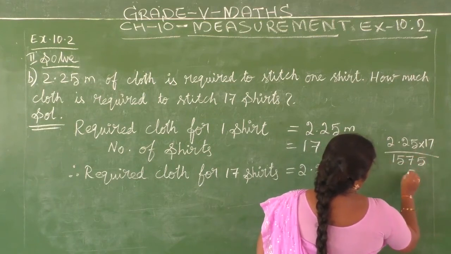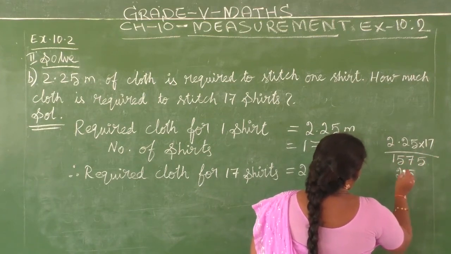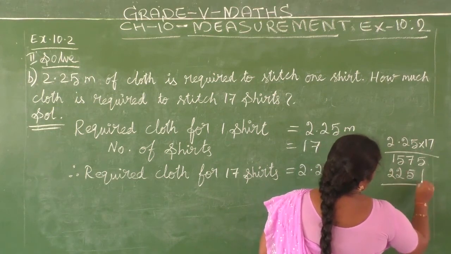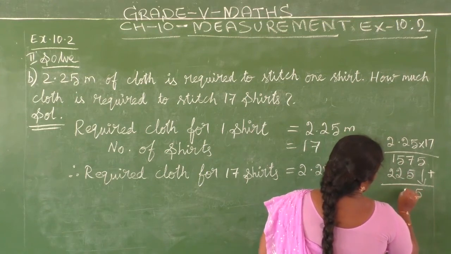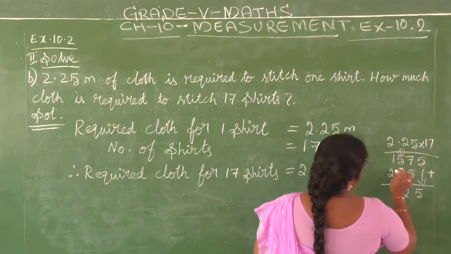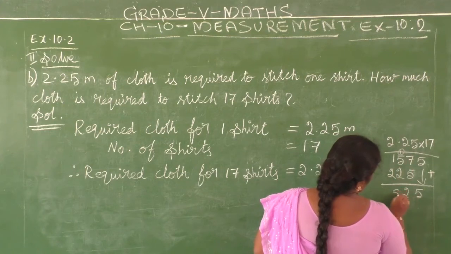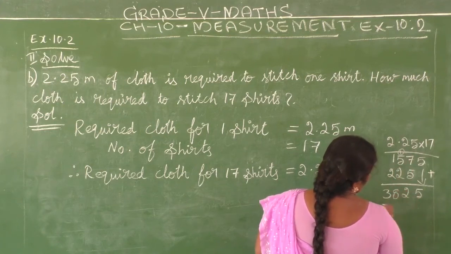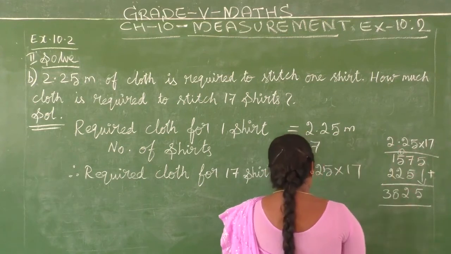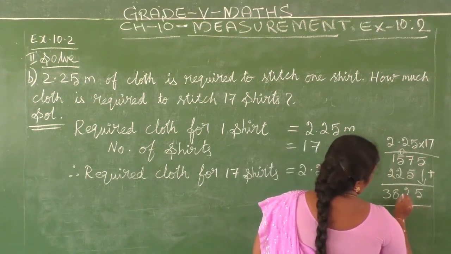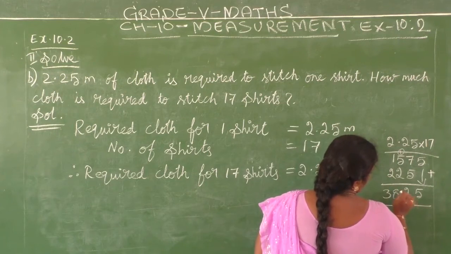Then 1 five is 5, 1 two is 2, 1 two is 2. So addition: 5, 12, remaining 1, 7 plus 1, 8, 2 plus 1, 3. Here after 2 digits we have to keep the decimal point.